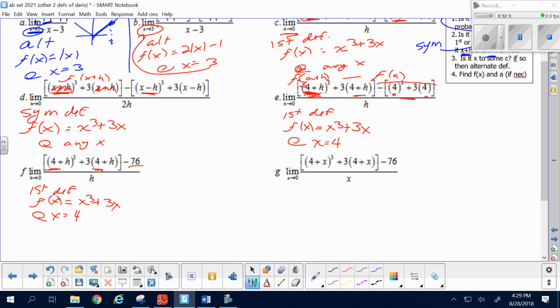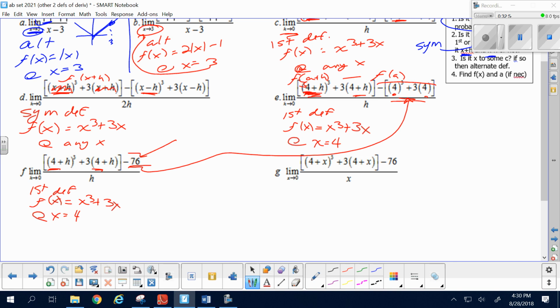The only difference is this guy. But really, aren't those the same? 4 cubed plus 3 times 4, that is 76. So it's the same thing. The only difference is it's simplified. Now that makes it a little harder because it feels like 76 is out of nowhere, but it'll happen sometimes. That number will be simplified. Get over it. All right, last but not least, this guy.